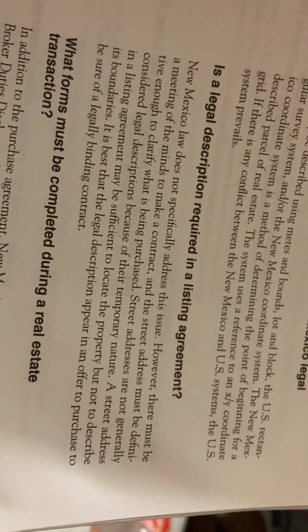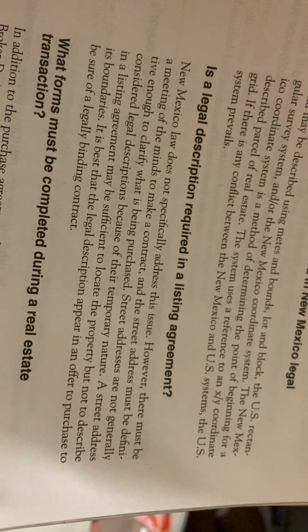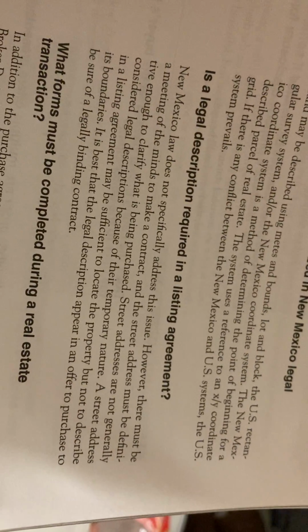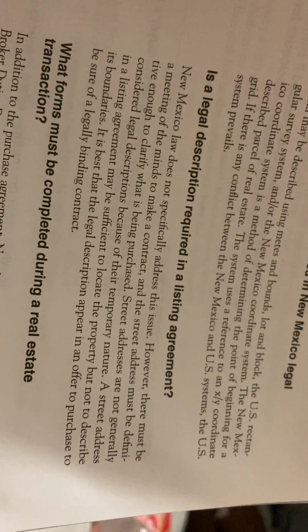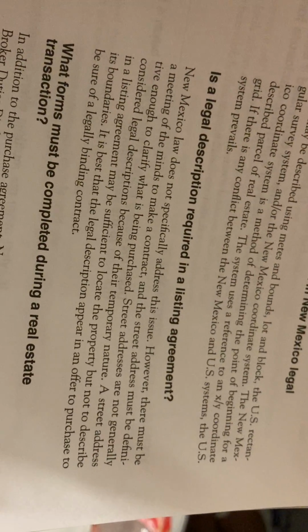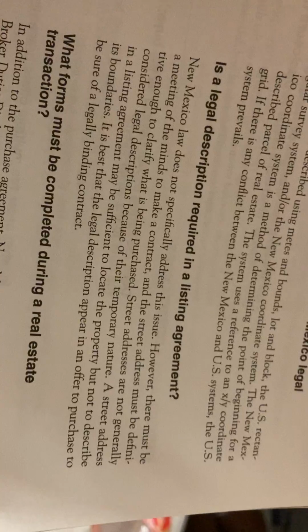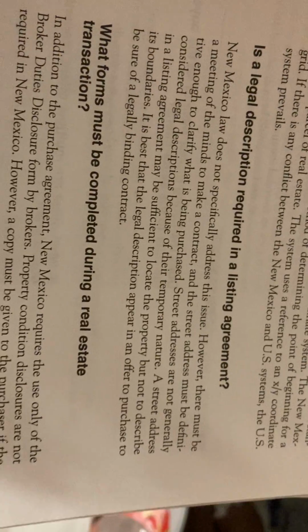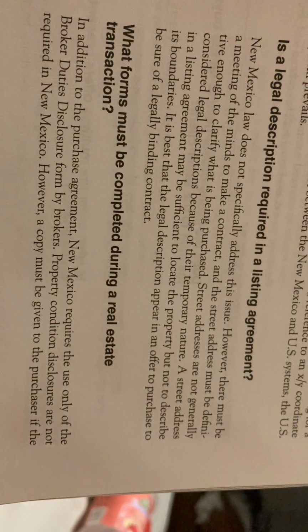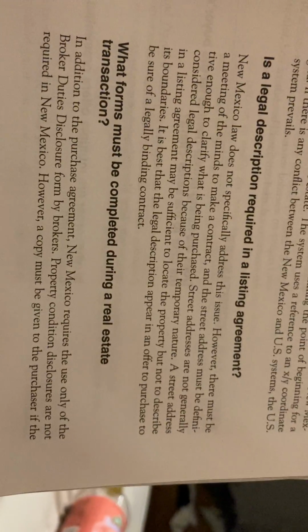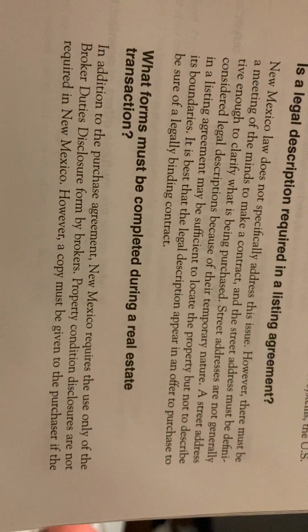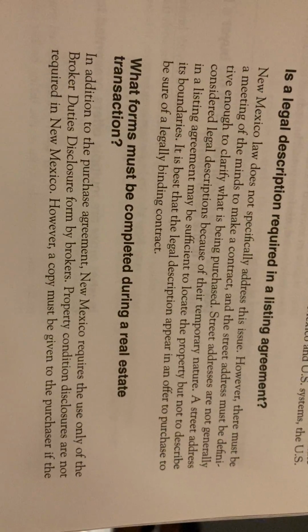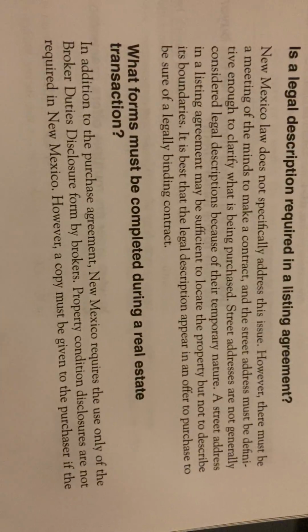Street addresses are not generally considered legal descriptions because of their temporary nature. A street address in a listing agreement may be sufficient to locate the property, but not to describe its boundaries. It is best that the legal description appear in an offer to purchase, but be sure of a legally binding contract.